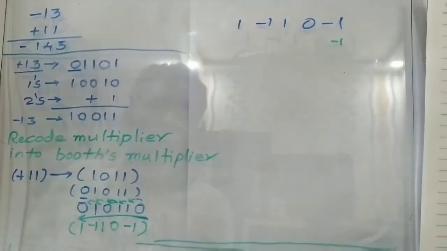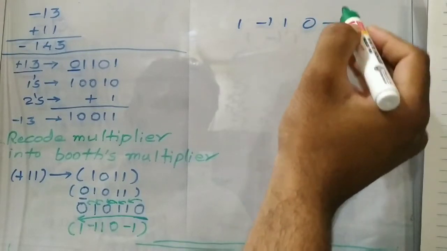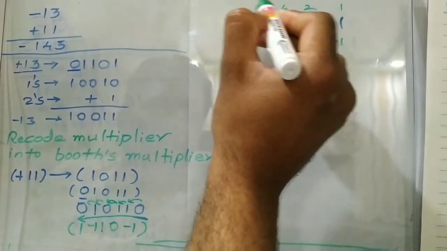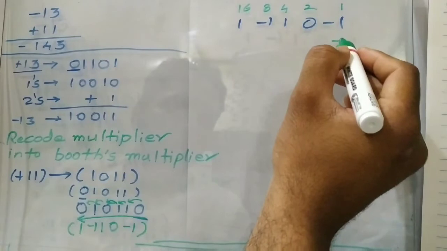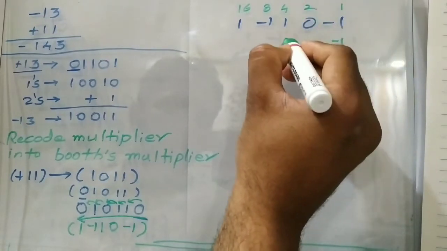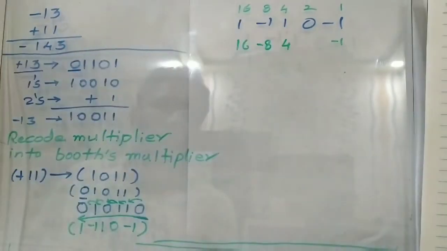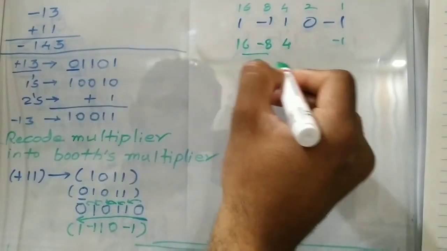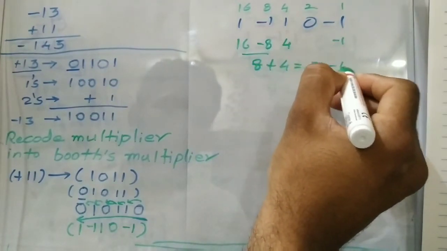You know the weightage of each position is 1, 2, 4, 8 and 16, right? So this will be minus 1, this will be 0, this will be 4, this will be minus 8, and this will be 16. And if you add that, this will be plus 8 plus 4 is 12, 12 minus 1 is 11.